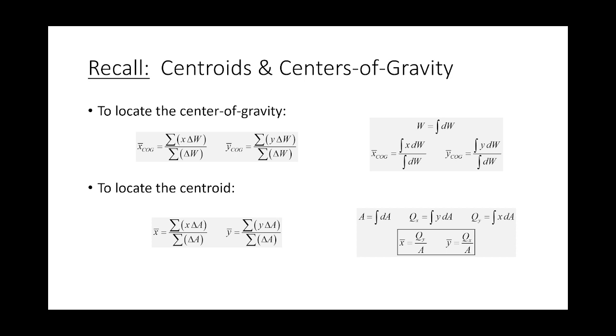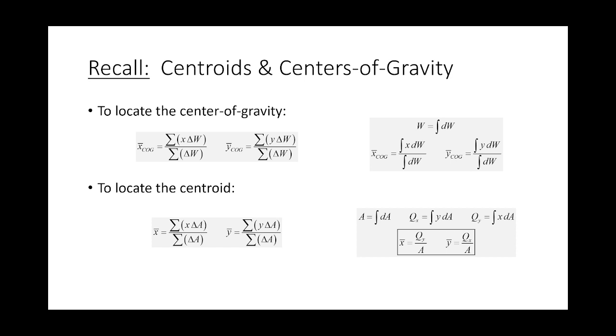And so we find that by taking, for instance, if I'm looking at x bar, that x bar location is just the sum of the weights times their distance x, that's sort of the moment, divided by the sum of the weights, right?